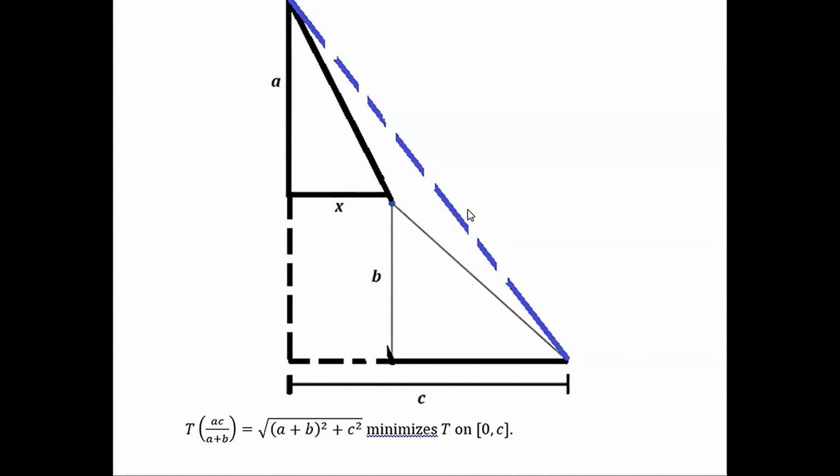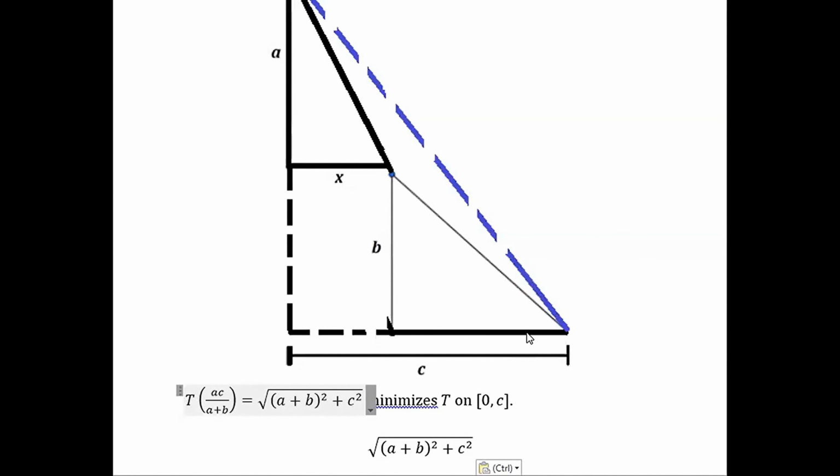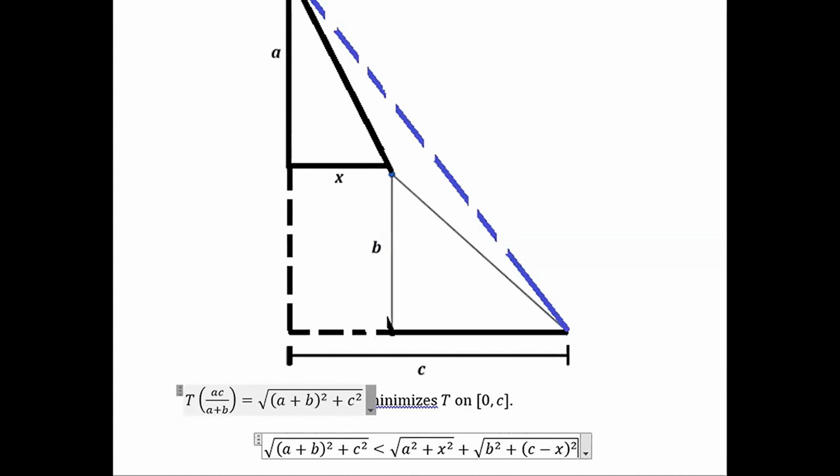Well, the triangle inequality tells us that if a and b are different, then the length of that third side would be less than the sum of the other two, regardless of whatever the value of x is, as long as it's within that closed interval from 0 to c.